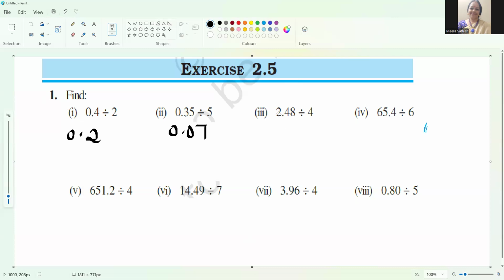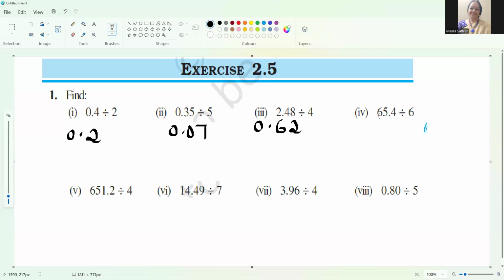So you just divide 248 by 4. 248 when you divide it by 4, you will get 62. Now 2 decimal places here. So put a decimal here. That's all. 65.4 divided by 6.